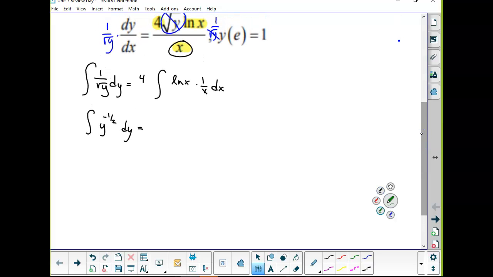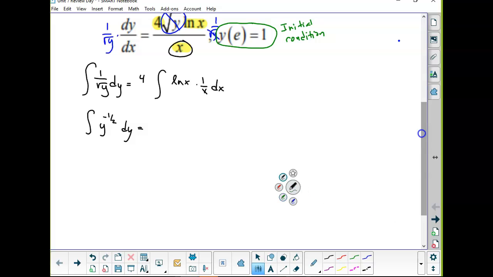By the way, this was smushed together. This part right here is our initial condition. So don't worry too much about that yet. We'll use that once we find the value of c. So let's deal with just this left side right away.